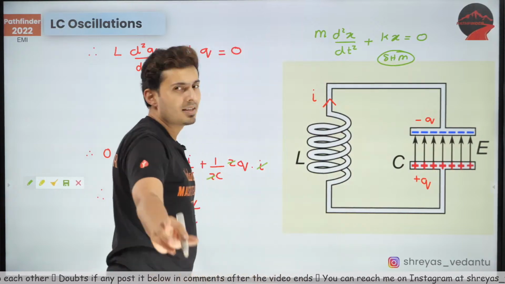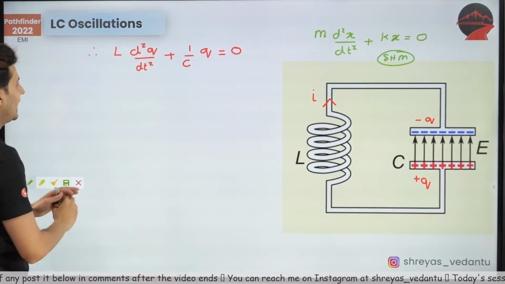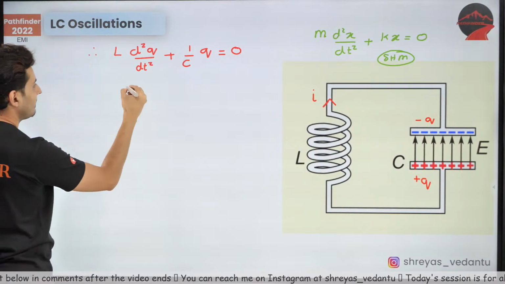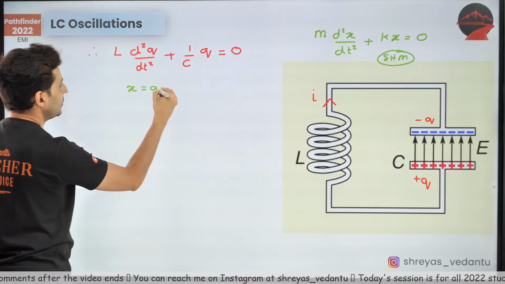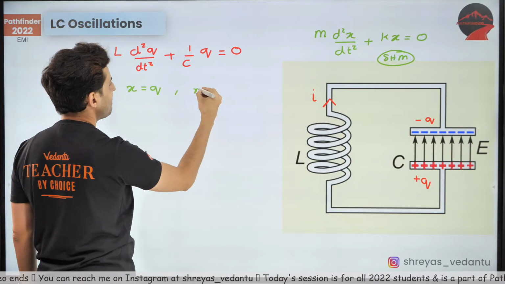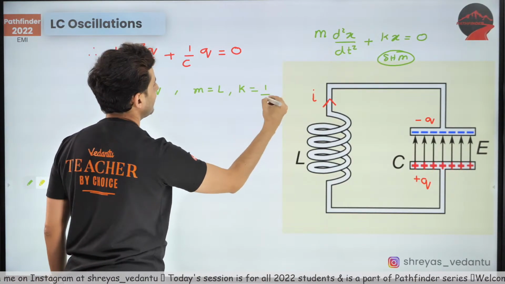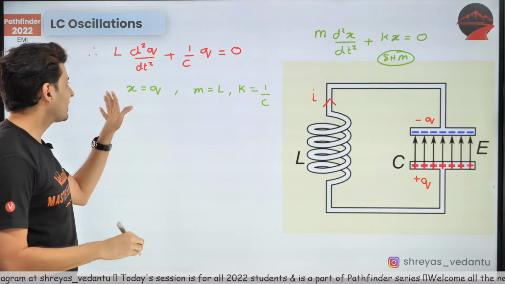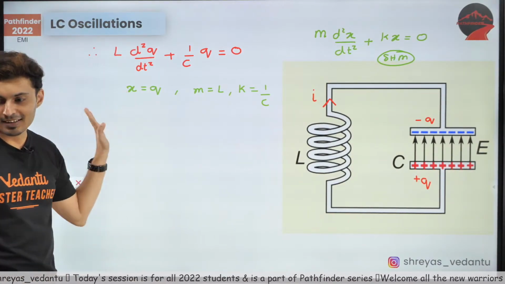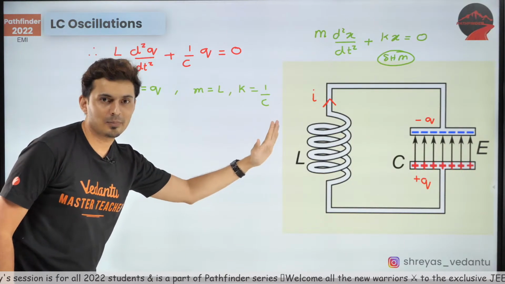If you remember, this equation is exactly similar to that, where x is equal to q, correct? Instead of x you have q, instead of mass you have L, and instead of k you have 1 by C. So these are the replacements from mechanics to electromagnetism.